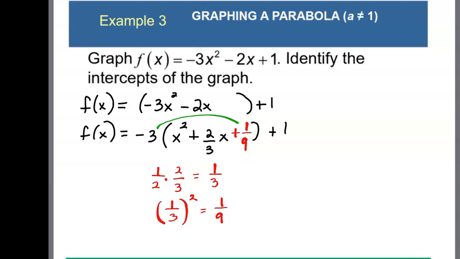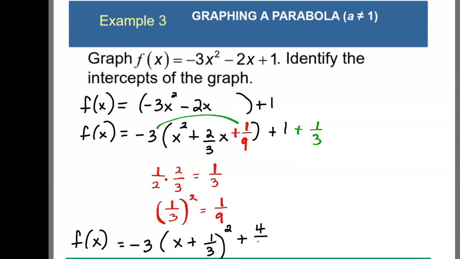That would be -1/3. And so because I have a net loss of -1/3, I'm going to have to add 1/3 over here to keep my function unchanged. So rewriting f of x, I have f of x equals -3 times (x plus 1/3) squared plus 4/3.